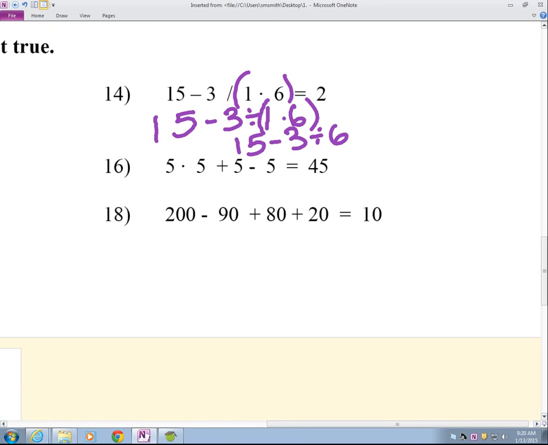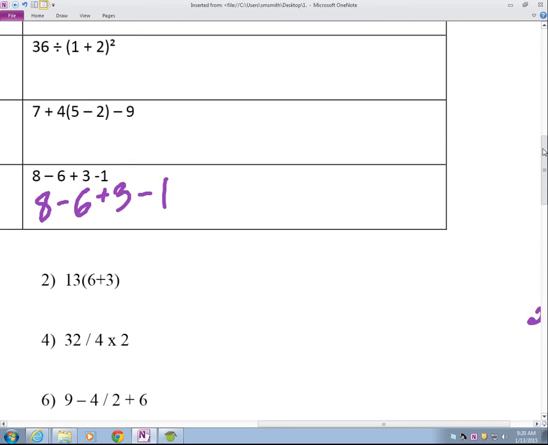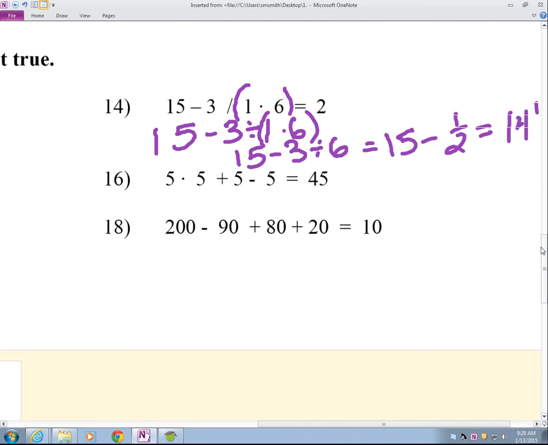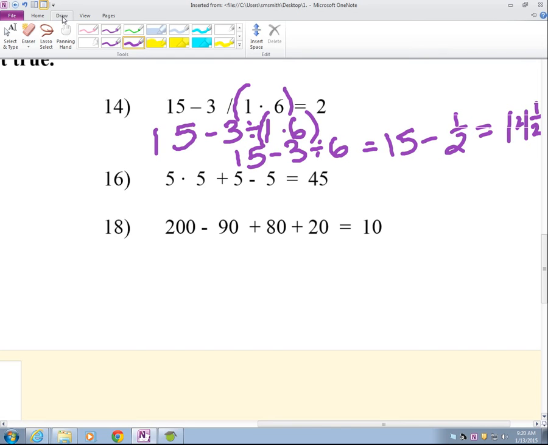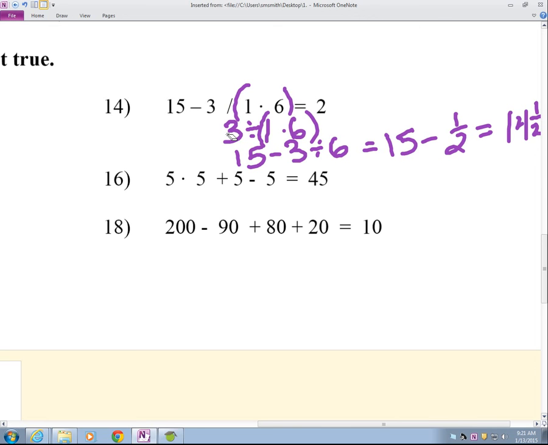Then using the order of operations, we have 15 minus 1/2, which equals 14 1/2. Nope. You got 2? But you're not following. When you have 15 minus 3 divided by 6, we have to do division first. Emily, what did you get?